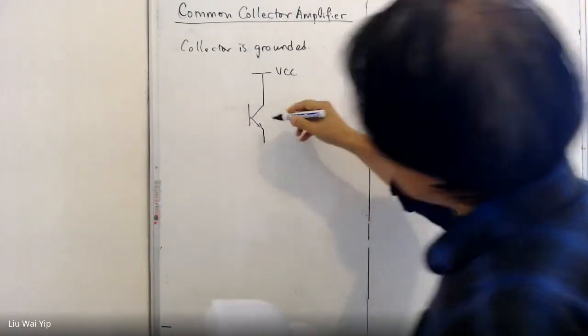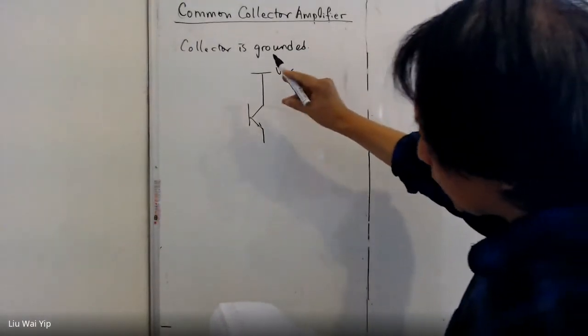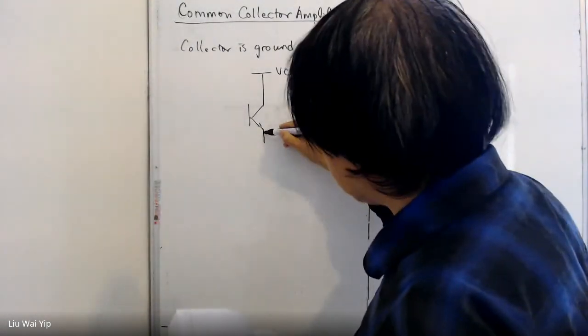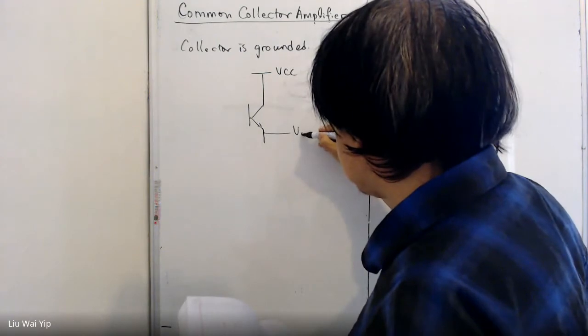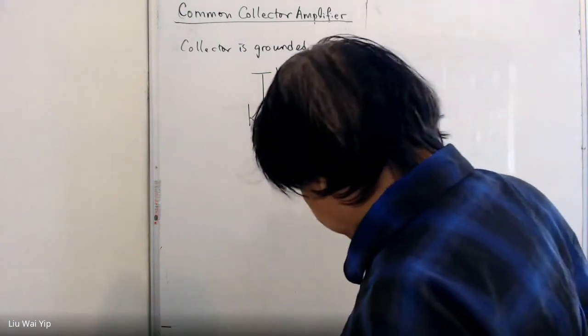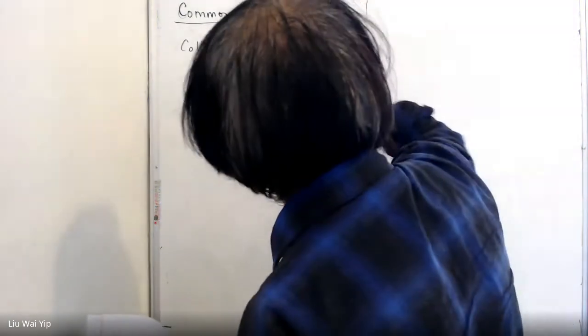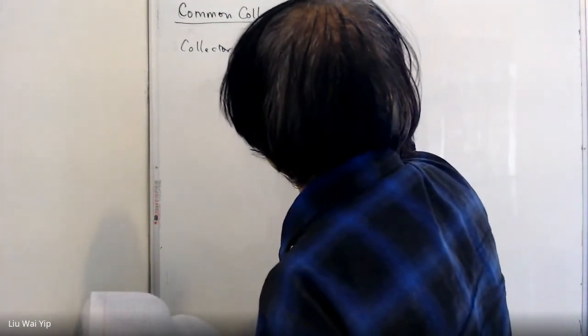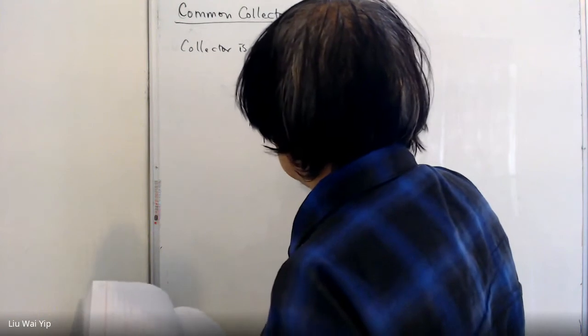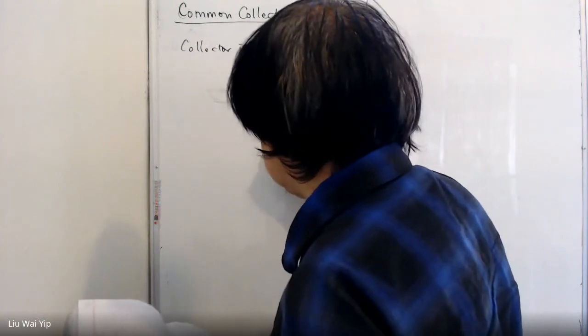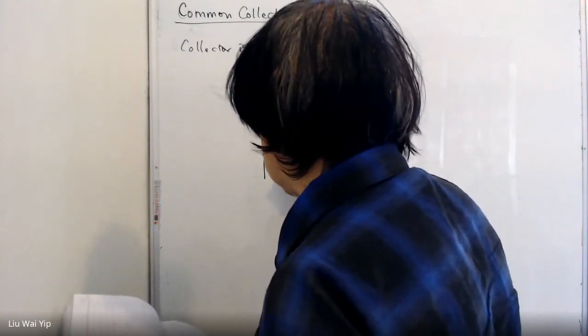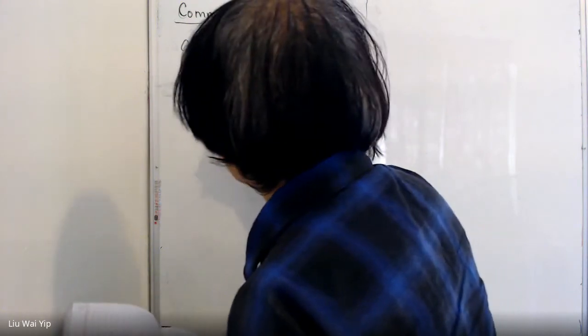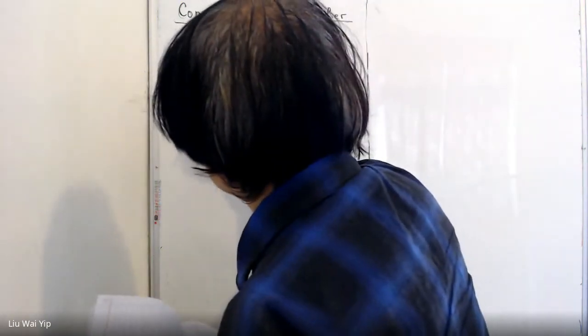Down here, we are going to collect the voltage right at the emitter. This is VCC, and then VO, and we have the input here.